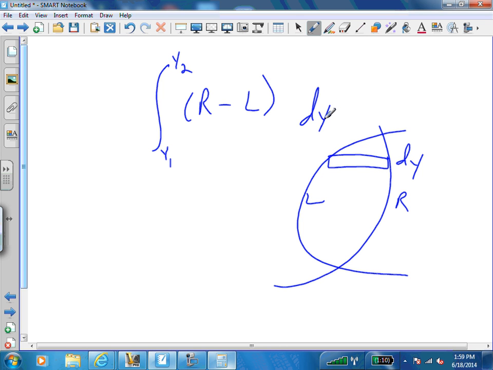Whatever variable this is, that's what your variable is in your integral. Also, whatever variable it is, that's going to tell you what numbers to use for your limits. If this is y, these are y values. If this is x, these are x values.